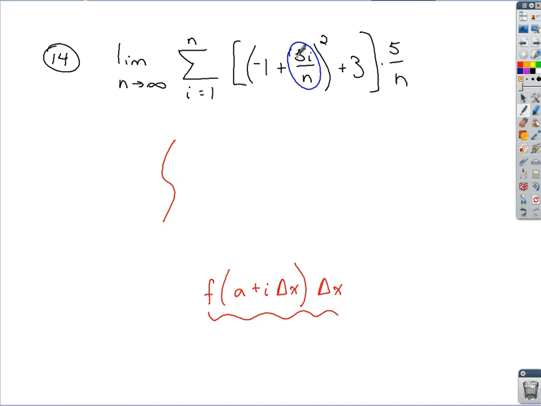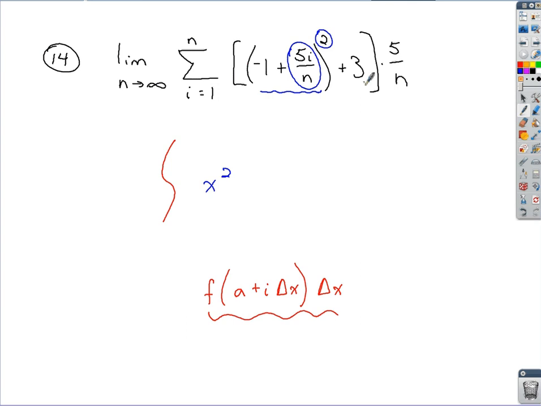Once you locate where the i over n stuff is, take anything that's attached to it as a quantity, make that your x. Okay, make that your x in the original function. If that's my x, then down here, as I apply my integral, I need to apply it to some function. I'd have x raised to a power of 2, because that entire quantity is raised to a power of 2.